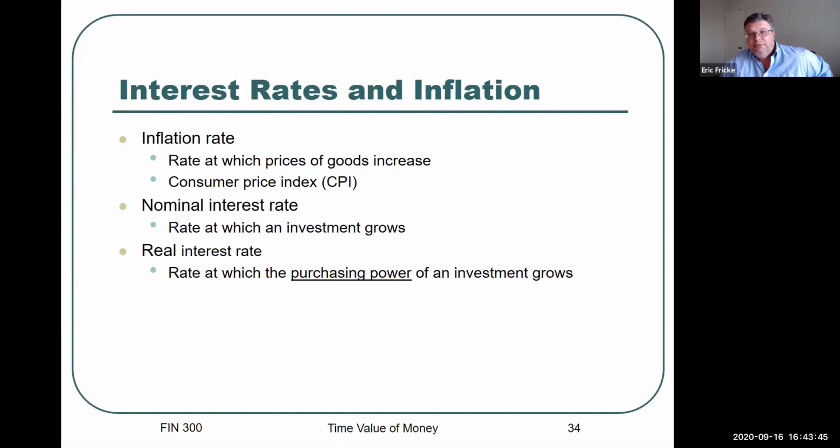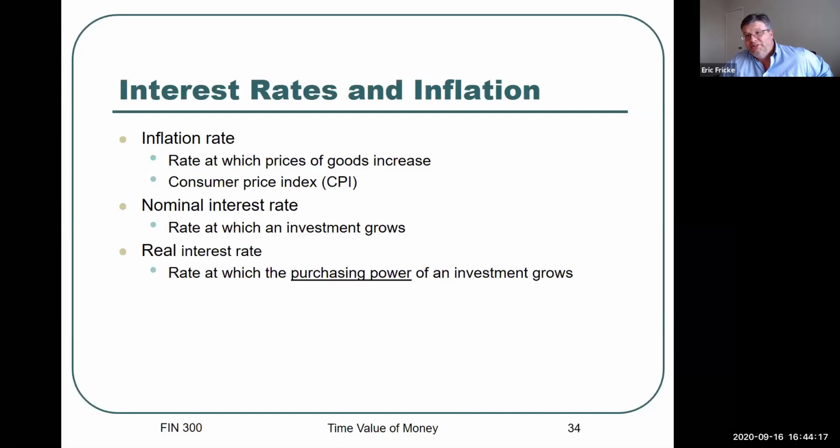Let's suppose you put your money into a bank account and you earned 1% in your savings account. During that time period, let's say inflation was 2%. That means consumer prices, the things that you buy at the grocery store or wherever, increased by 2%, but your savings account only increased by 1%.